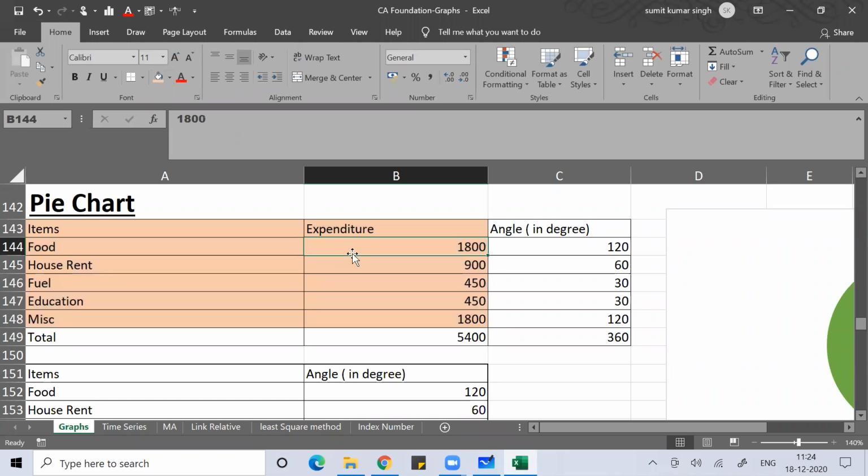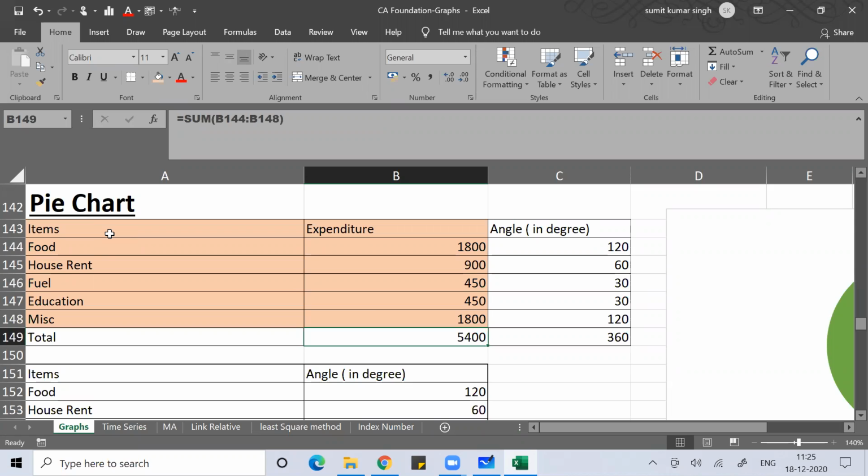A family is spending 1800 rupees on food, 900 rupees on rent, 450 rupees on fuel, 450 rupees on education, and 1800 rupees on miscellaneous. So the total is 5400 rupees.